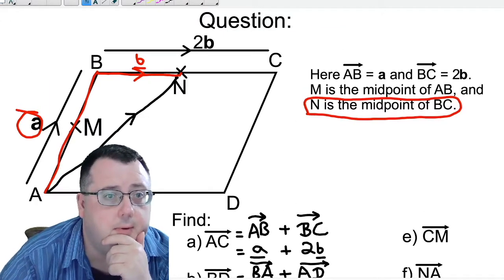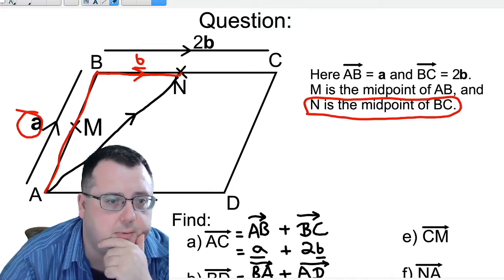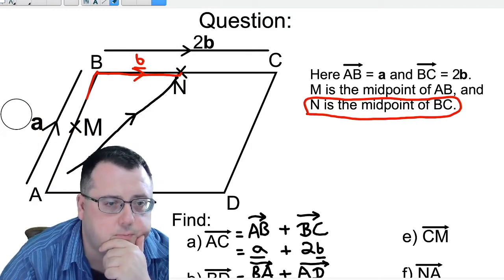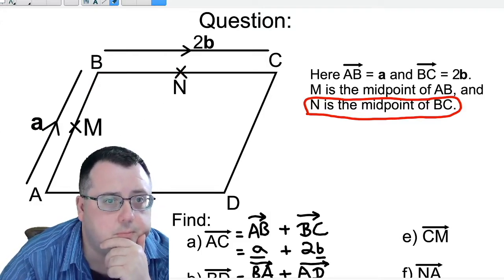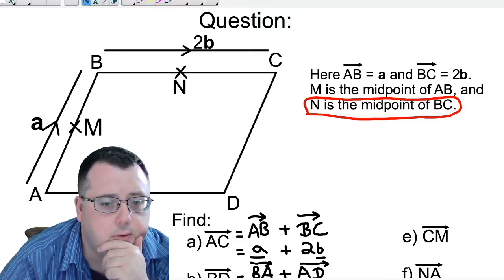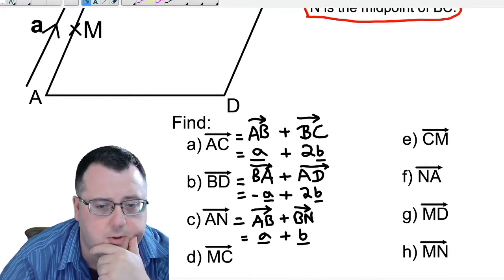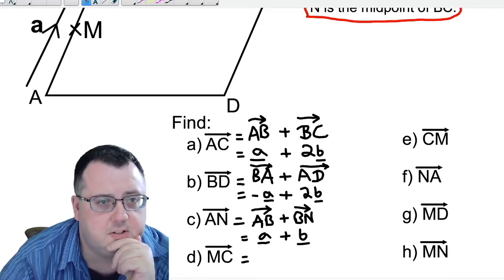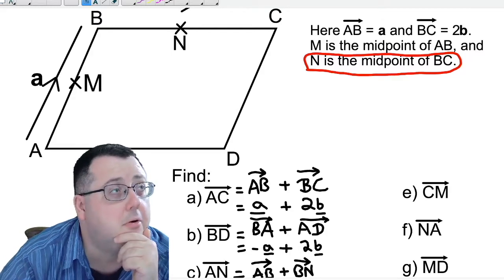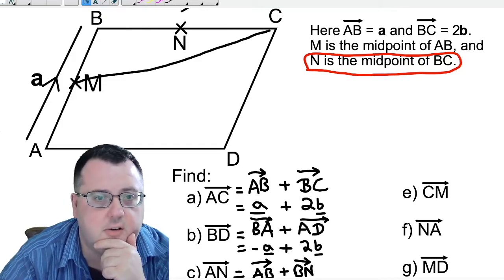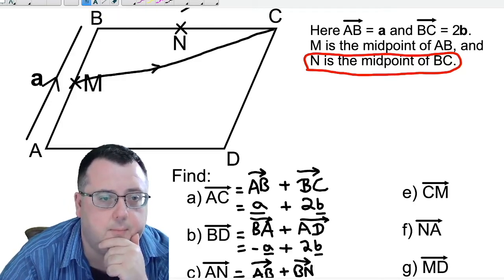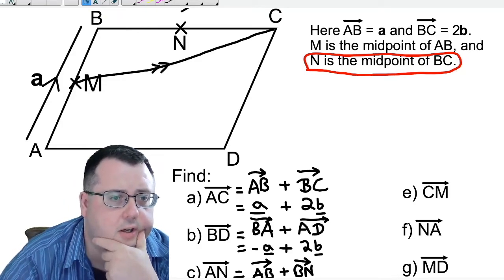Okay. Let me erase this mess so that we can look now at part D. So MC is what it wants next. So I have to go from M to C, which is this line here. Is that alright? Okay.